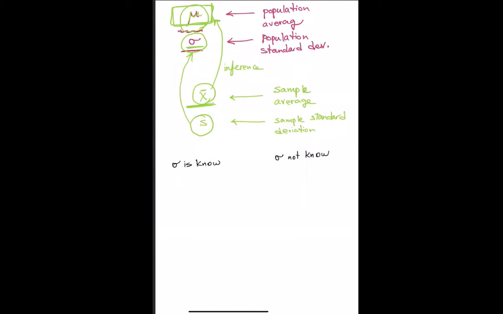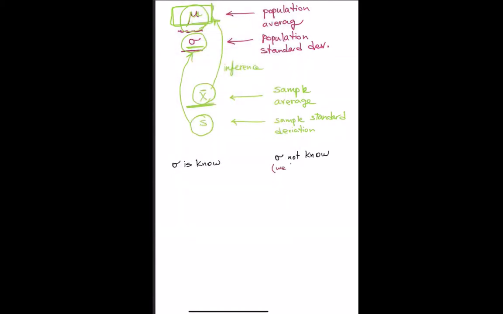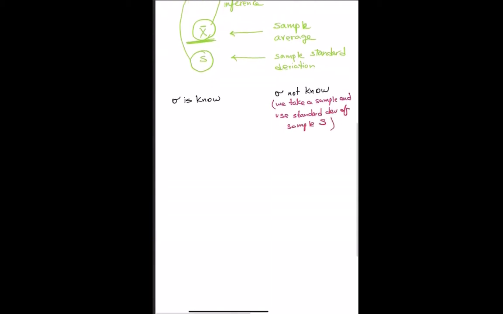If the standard deviation of the population is not known, then we take a sample and use the standard deviation of the sample, which we call S. So if the population standard deviation sigma is not known, we take a sample and use the sample standard deviation.